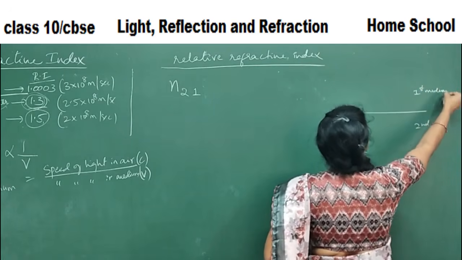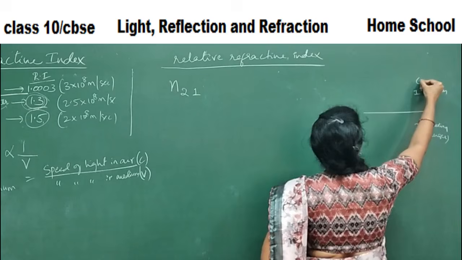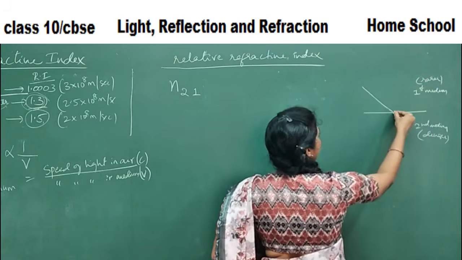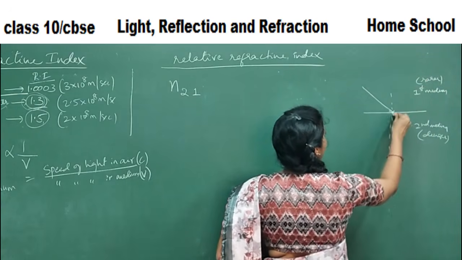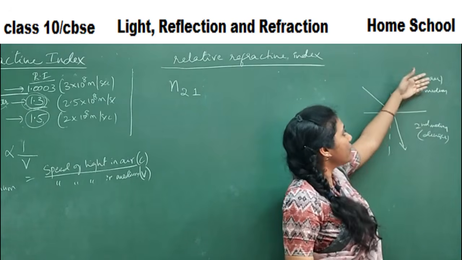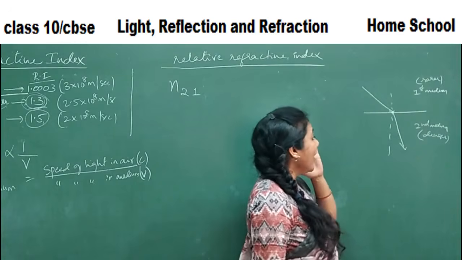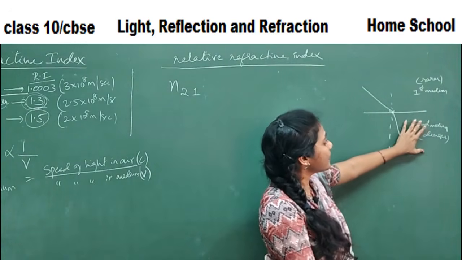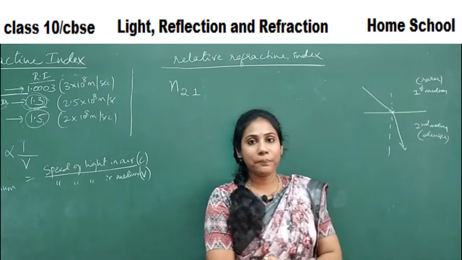Imagine the second medium is denser and the first medium is rarer. The incident ray is hitting, and this is our normal. The refracted ray bends towards the normal because light is traveling from a rarer medium to a denser medium. Clear?